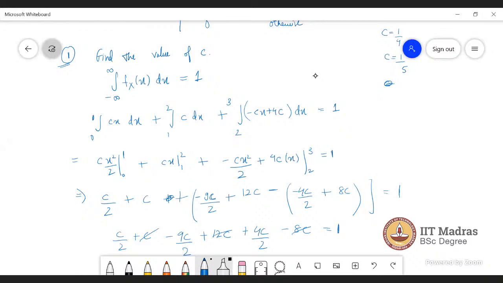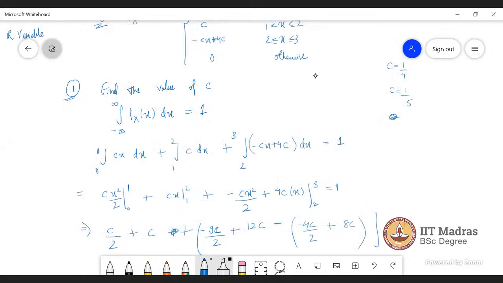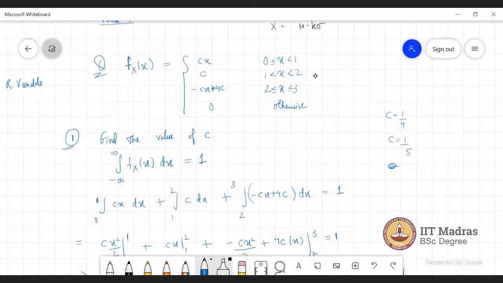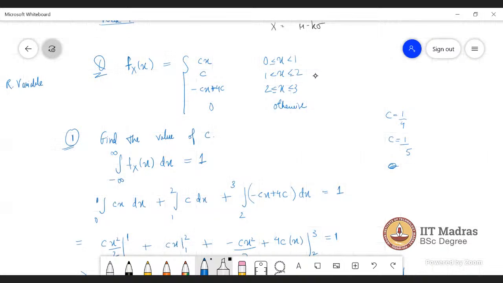So take the limits properly, do the integration, do the calculation properly also. Do not mess with the plus minus sign. So the property of PDF says it should integrate over the whole range to 1.